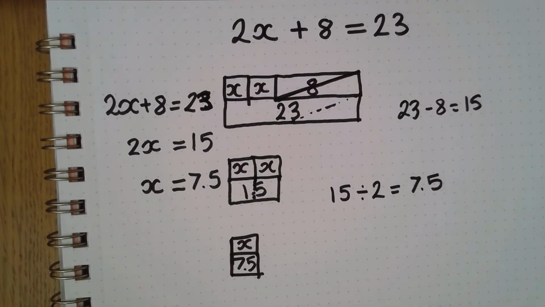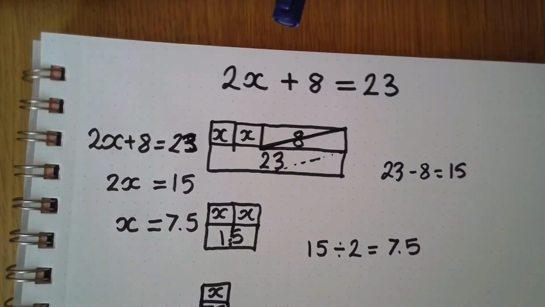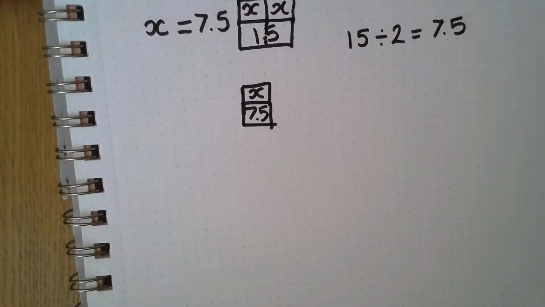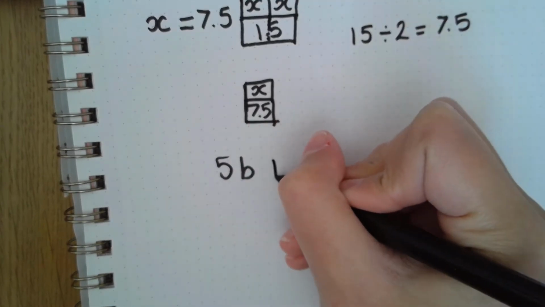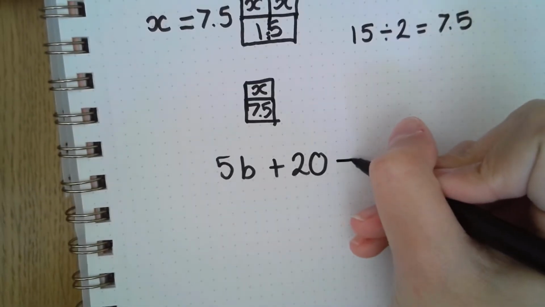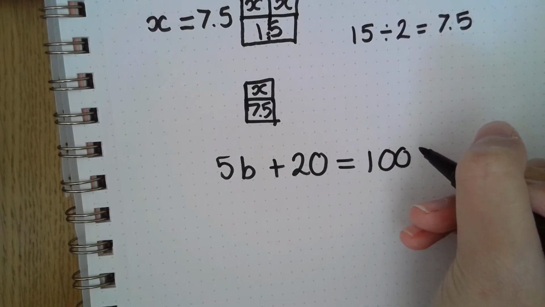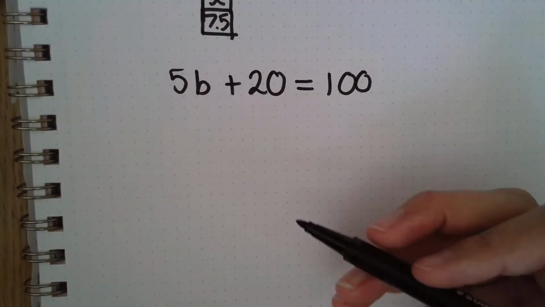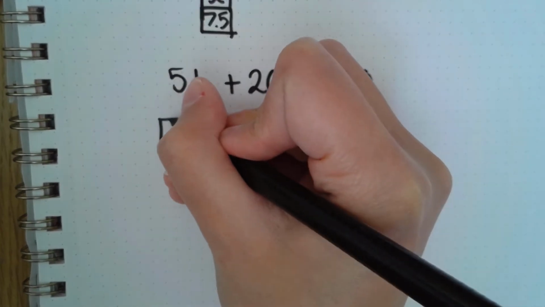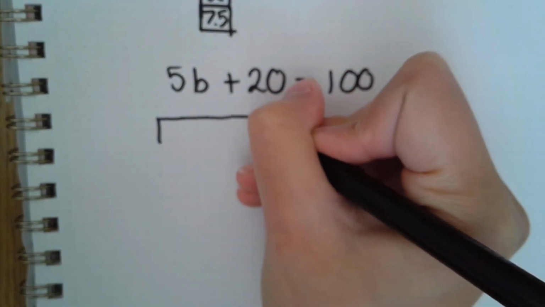Okay, so we'll do another one, a different one. So 5b plus 20 equals 100. So I'm going to draw 5 boxes. 1, 2, 3, 4, 5.